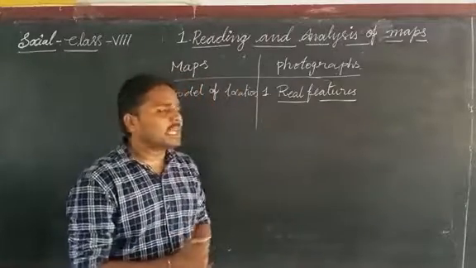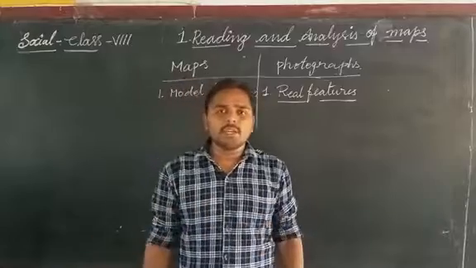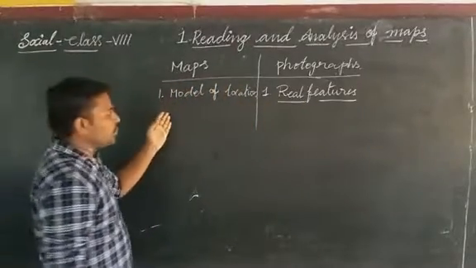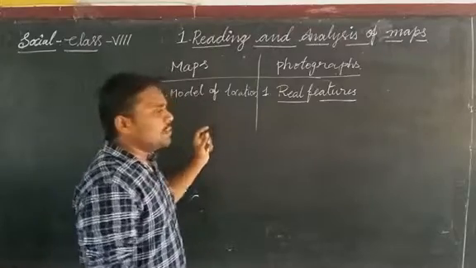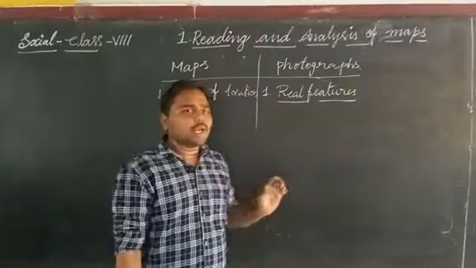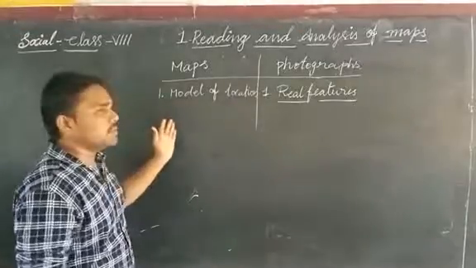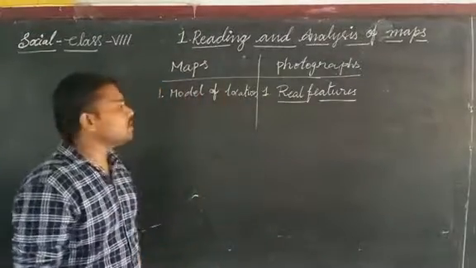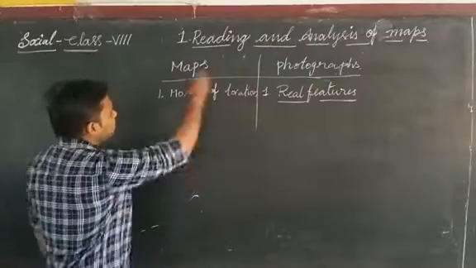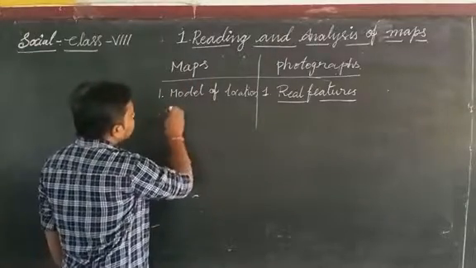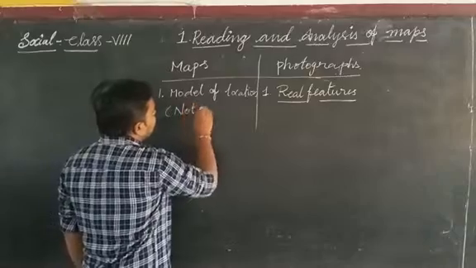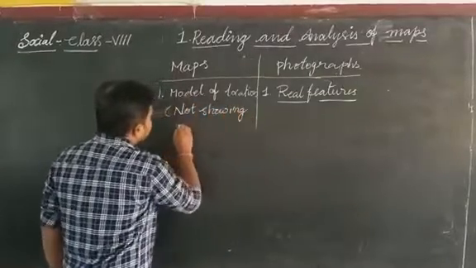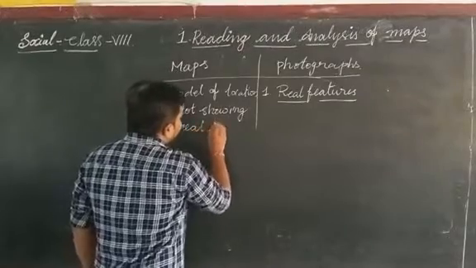We may not observe the different locations around Charminar in the photograph. Suppose you show the map of Charminar and its surrounding area, we can show the different types of locations around the Charminar region. Maps are not showing the real features.